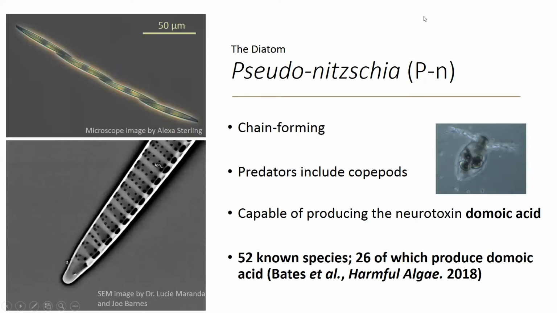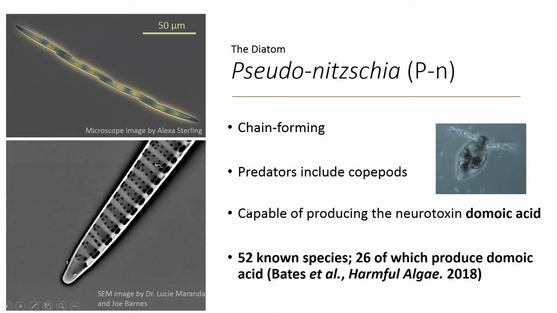So the diatom we're going to be talking about, PN, Pseudo-nitzschia, is a chain-forming diatom species. So this is a single cell that I'm circling here, and it can be attached to a second, a third, and a fourth, forming these chains. They do have predators in the bay, which include copepods, which are pictured here, which are small invertebrates.